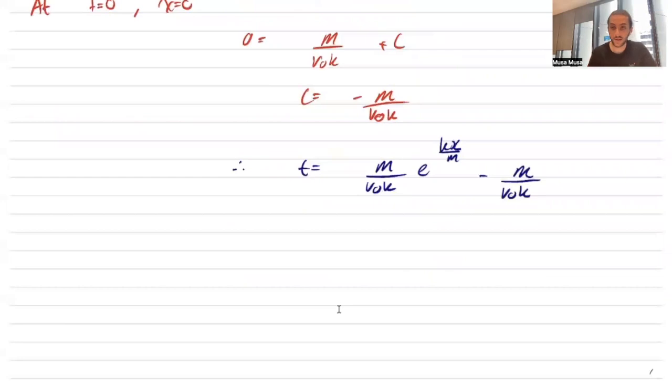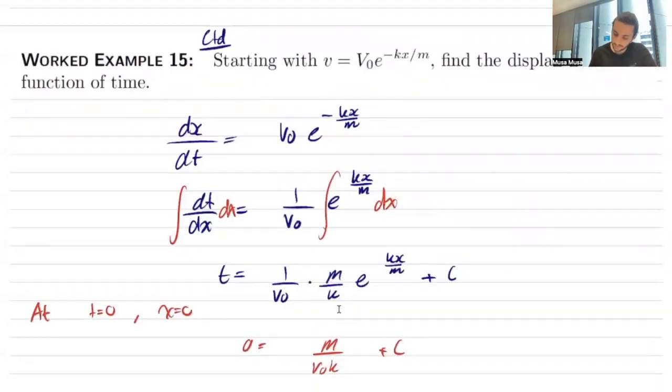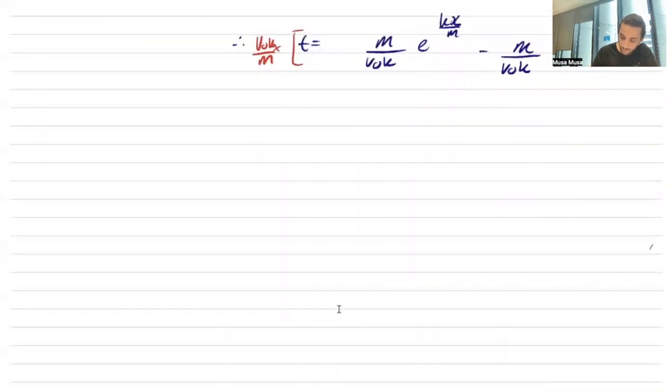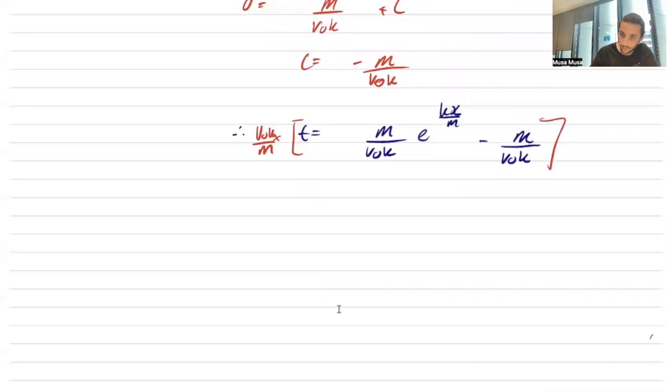And then we need it as x as the function. Find displacement as a function of time. So let's multiply everything by v naught k on m. I know this is poor notation, but it is what it is. Yep, that's supposed to be a k. So v naught k t on m equals e to the power of kx on m minus 1.